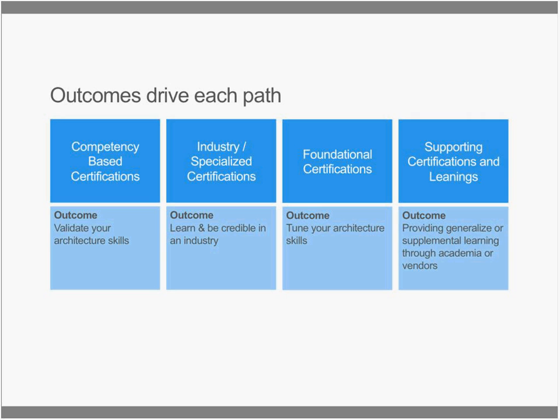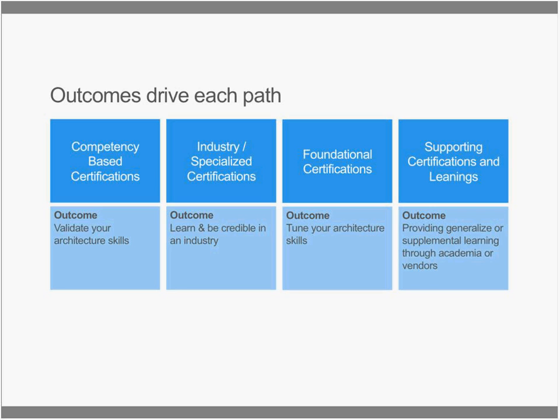A couple of examples of that: those listed in the competency-based certifications really validate your architectural skills. So if you, as an enterprise architect, want to be viewed as credible in the industry, and have that tied to your name, then a competency-based certification would be very good for you.